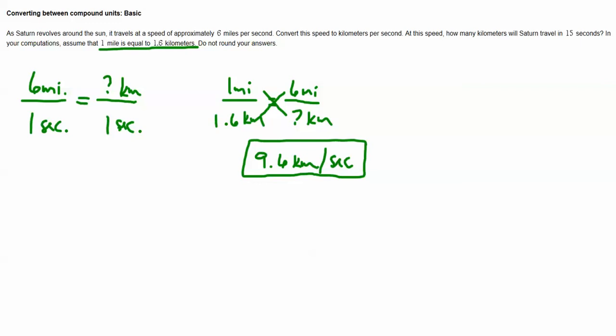Then it says, how many kilometers will Saturn travel in 15 seconds? So 9.6 kilometers in 1 second. So we'll take that times 15, and that will tell us how far it will have traveled in 15 seconds, which is 9.6 times 15 is 144 kilometers.